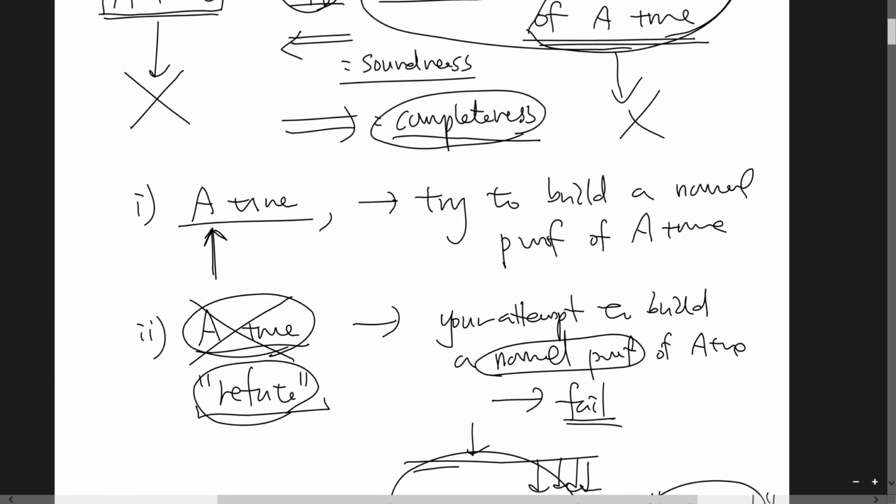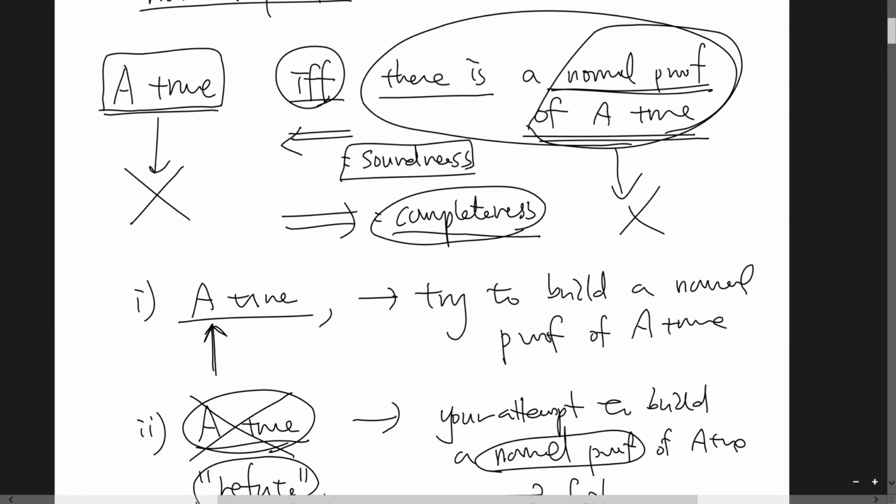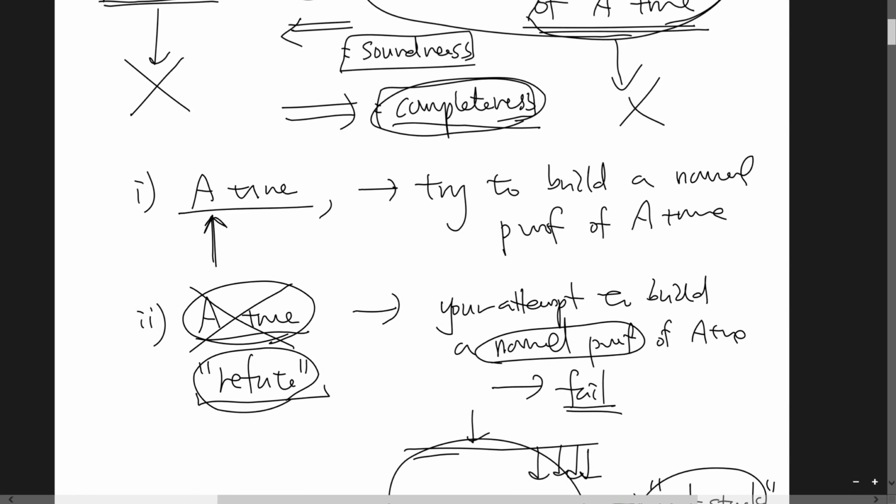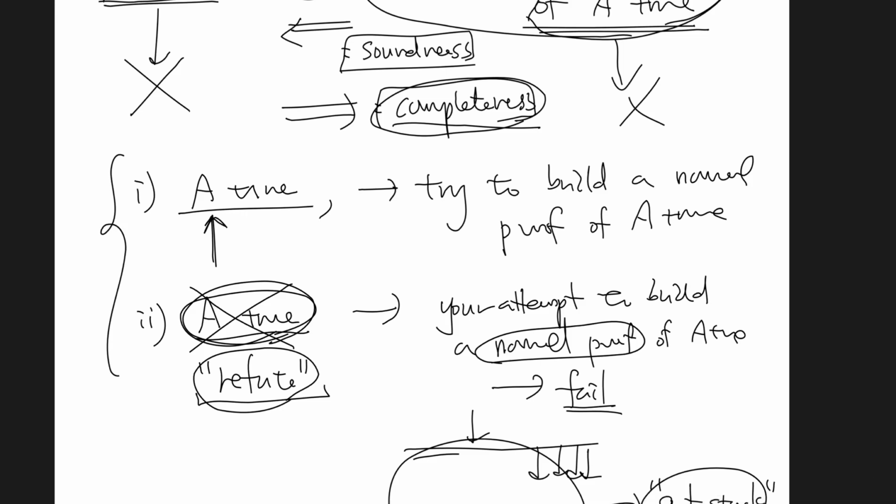And by this soundness and completeness property, you can conclude that this is not provable. So normal proof is such a powerful tool for investigating the meta properties of a logic.